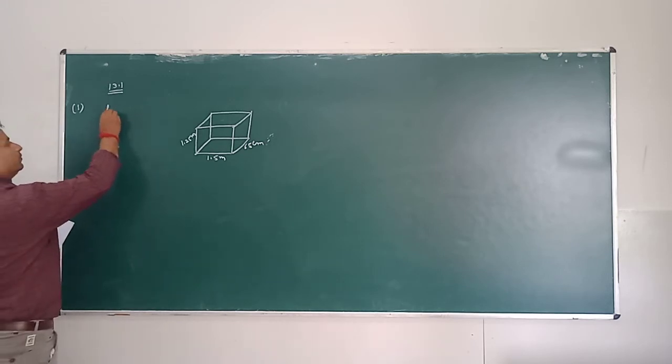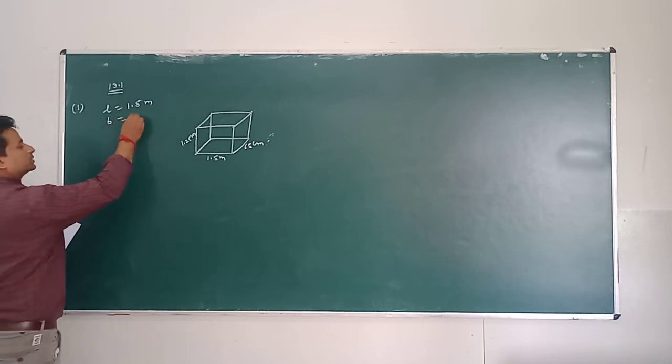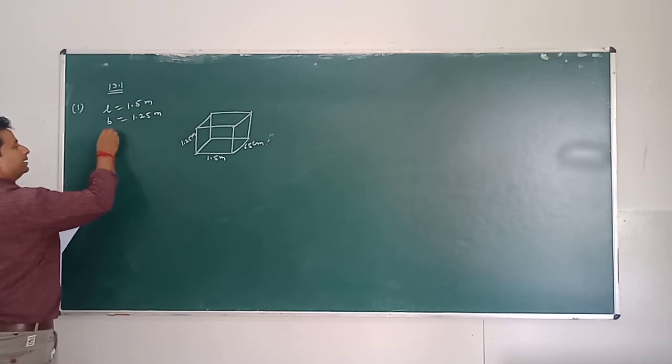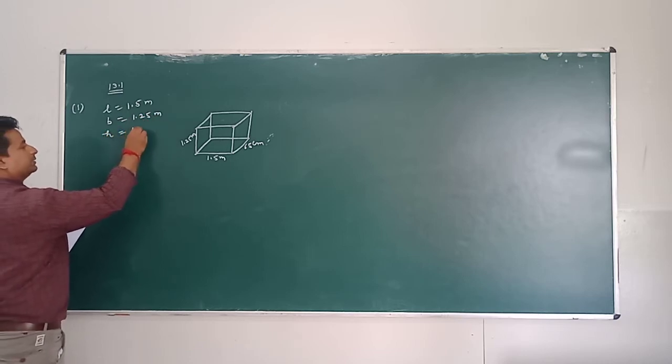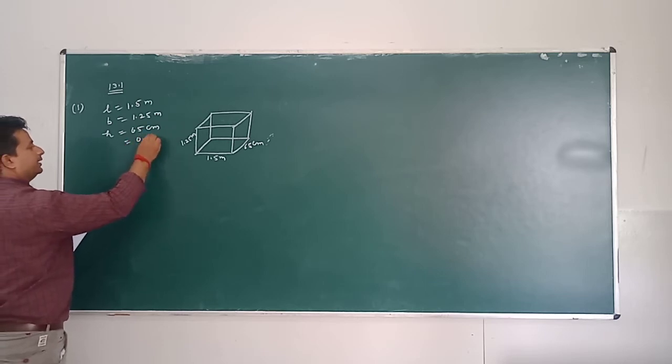So length of box is 1.5 meter, breadth of box is 1.25 meter and height of box is 65 centimeter, which is 0.65 meter.